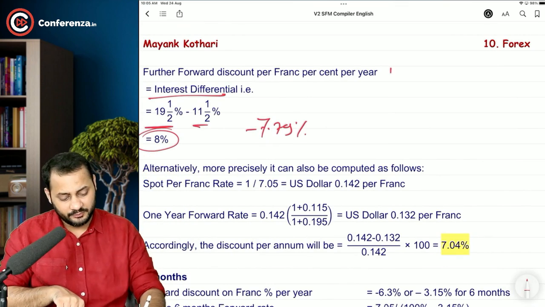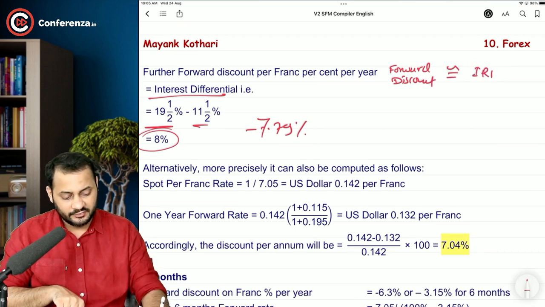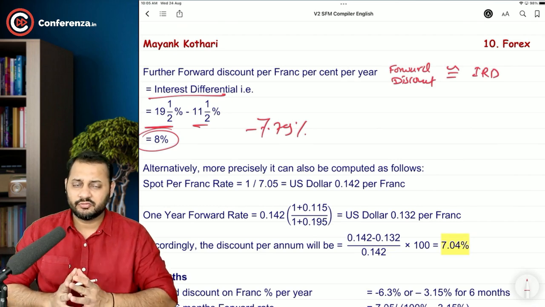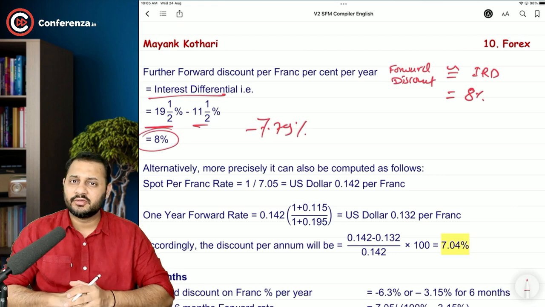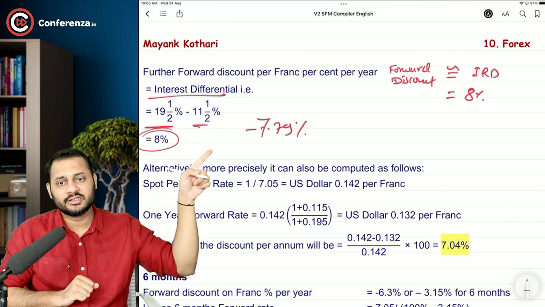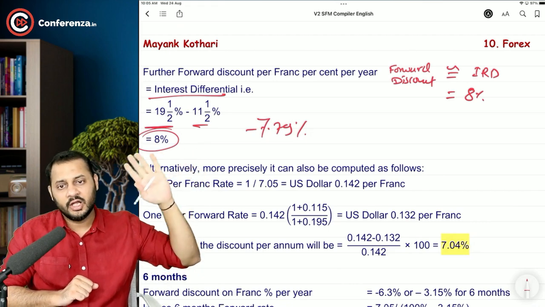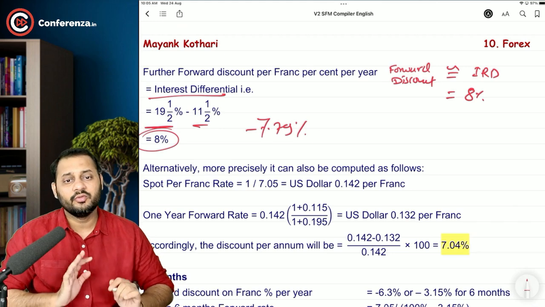I told you that the forward premium or discount is approximately equal to the interest rate differential. So without using any formula, what they did is calculate the difference between the two interest rates, and that comes to 8%. So this is approximately correct, and this is perfectly correct that we have calculated, and both answers can be written in the exam. So that is what you need to remember.